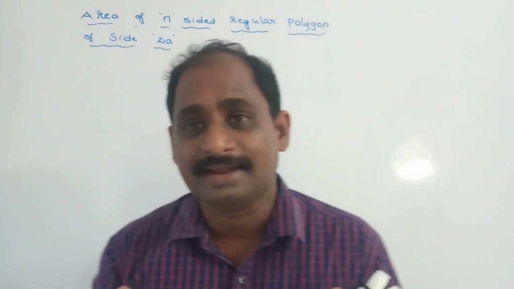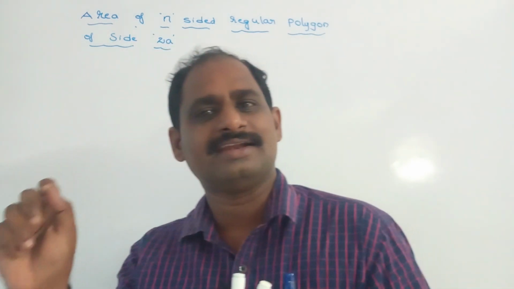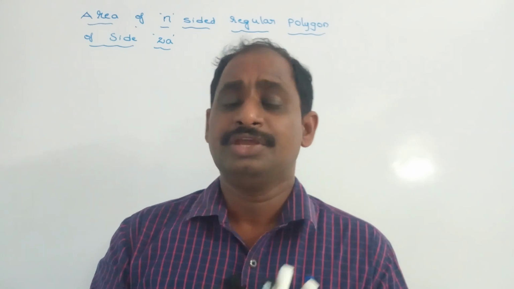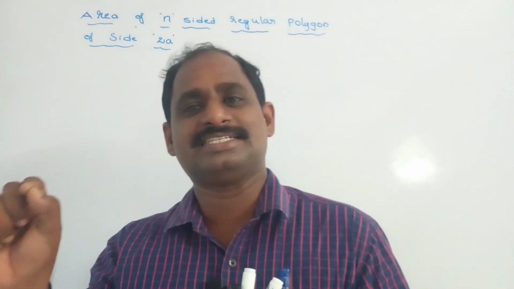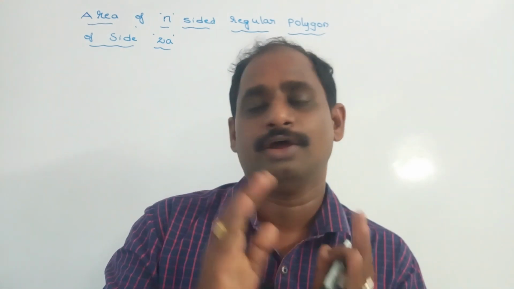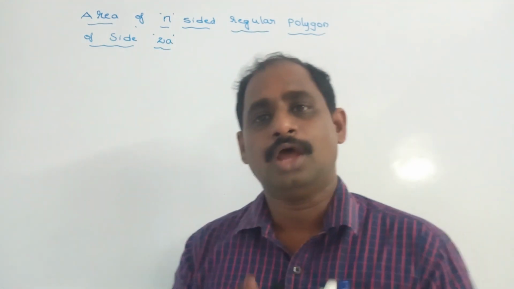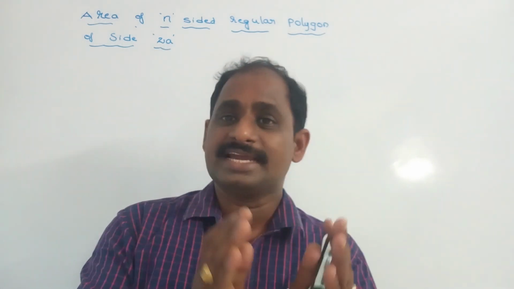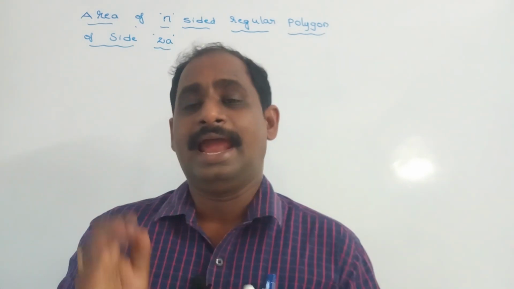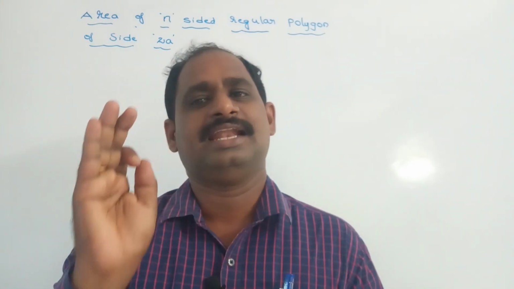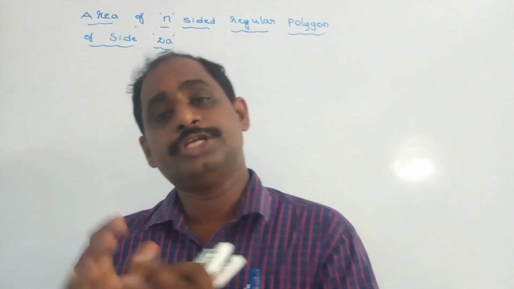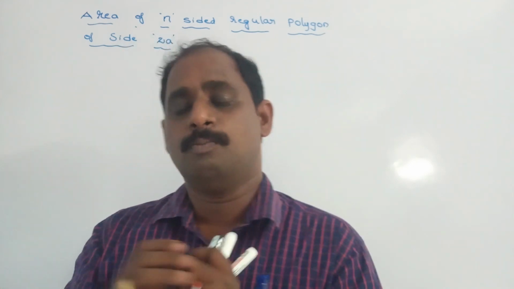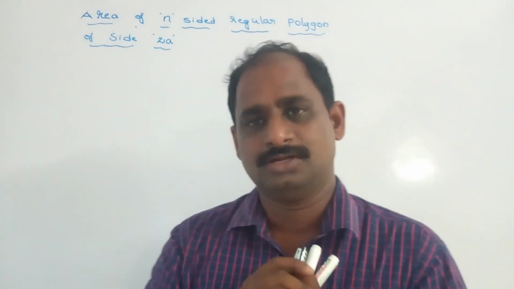In an equilateral triangle, all sides are equal and each angle is 60 degrees, so it is a regular polygon with 3 sides. Now a square. In a square, all sides are equal and every angle is 90 degrees, so it is also a regular polygon of 4 sides.